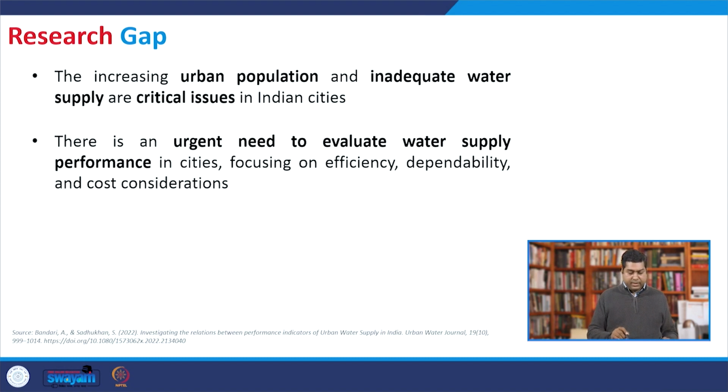So there is an urgent need to evaluate the water supply performance in cities, focusing on efficiency, dependability, and also cost considerations. Sometimes water management is much more crucial than just increasing the source of water, because sometimes we have a good amount of water, but due to poor management things are not happening.